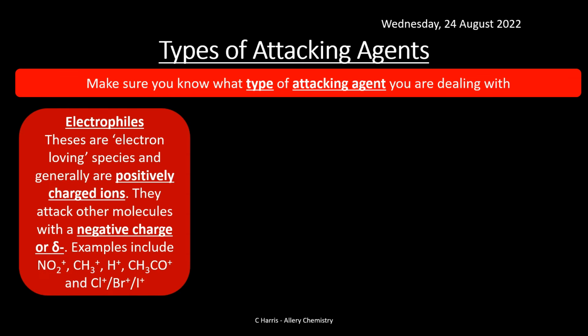They're generally positively charged ions, and they attack other molecules that have a negative charge, or a delta negative. You would have seen this before when we looked at polarities, so electronegativity and things like that. Examples include NO2+, CH3+, H+, like acids, CH3CO+, and sometimes you can get Cl+, Br+, I+ as well.